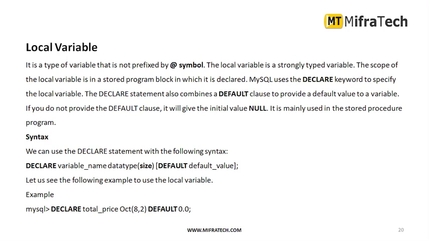If you do not provide a DEFAULT clause, it will take the initial value NULL, and it is mainly used in stored procedure programs. You can see the syntax: DECLARE variable_name data_type(size) DEFAULT default_value. When we have not given a default, it will take a NULL value. Here, where the default was not mentioned for the 8,2 type, it will take NULL.